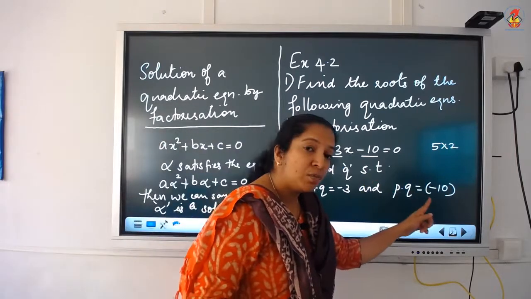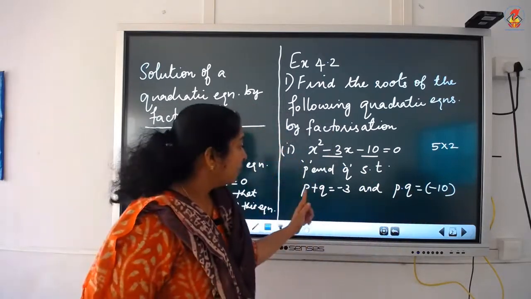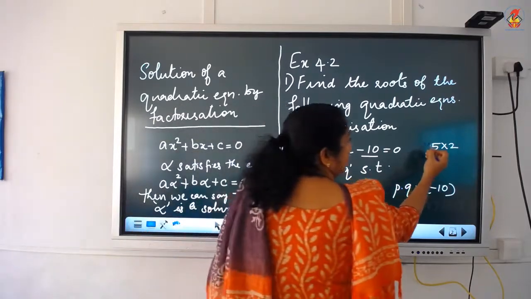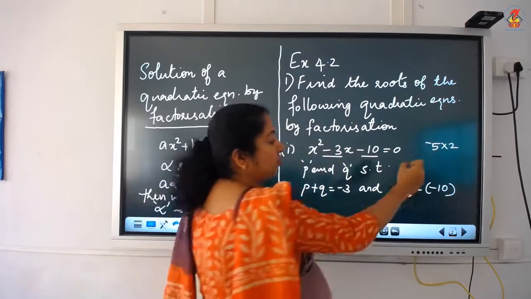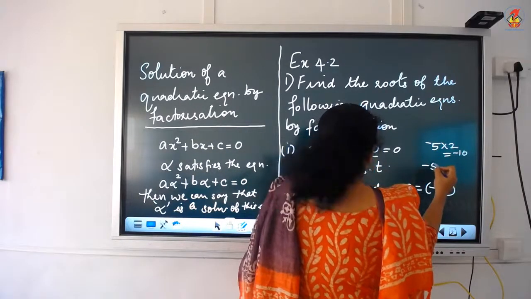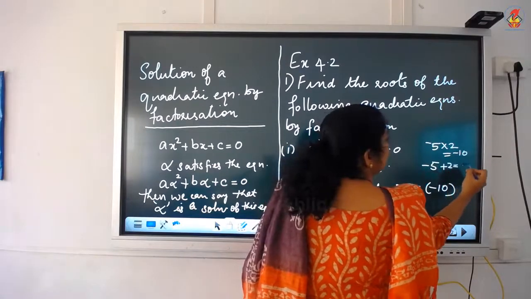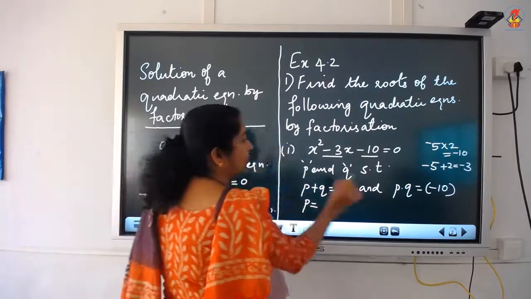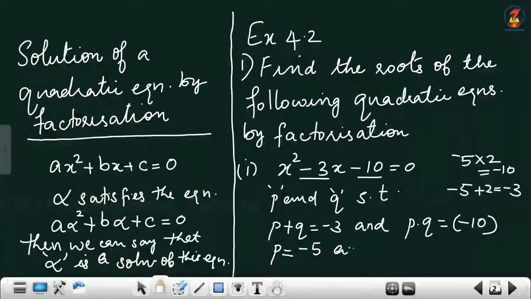So minus 5 into 2 is minus 10, and minus 5 plus 2 is equal to minus 3. So we can take p as minus 5 and q as 2.